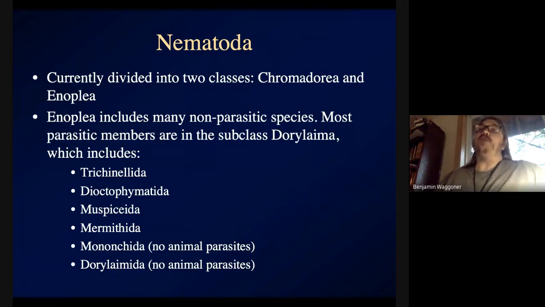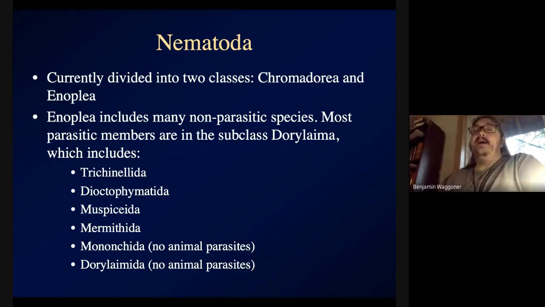That includes the trichinellids, which we talked about on Friday, the ones that cause trichinosis and intestinal threadworm. The ones that we haven't talked about yet are Dioctophymatida, muspiceids, and mermithids, plus two additional subclasses that don't contain animal parasites.